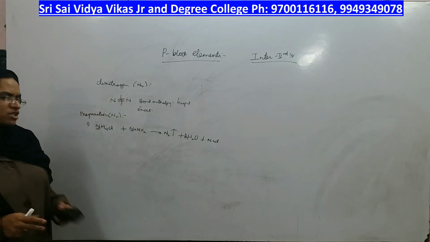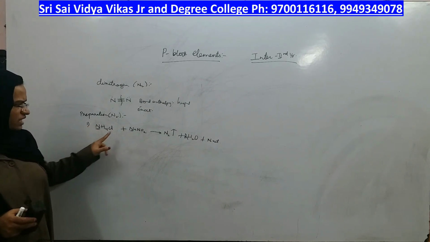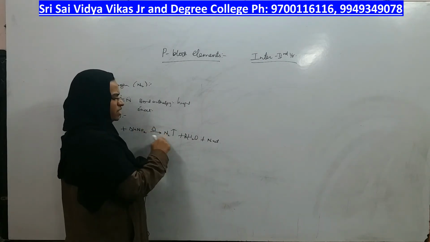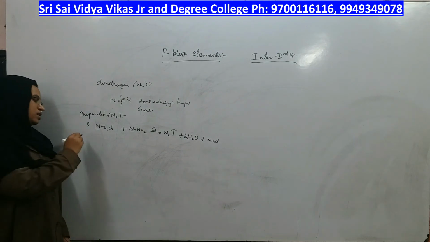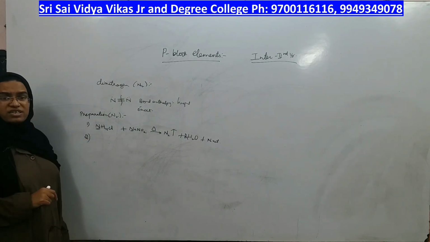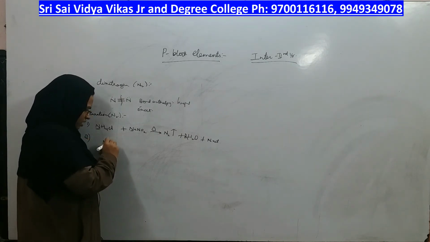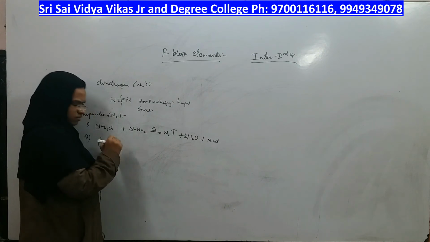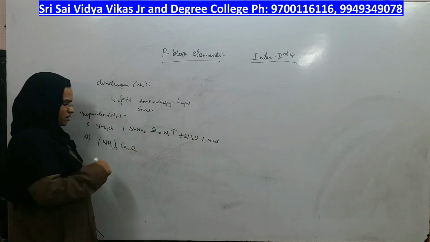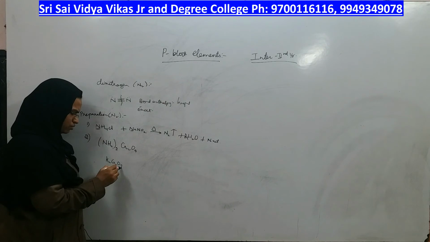So this is the preparation in which you take 2 salts, one nitrogen from one salt, another nitrogen from another salt, at higher temperatures will be combining with each other to give you dinitrogen. In the next reaction, I will take a single salt only, but it is a bit complex salt. Which salt? Ammonium dichromate. We know potassium dichromate, right? K2Cr2O7.